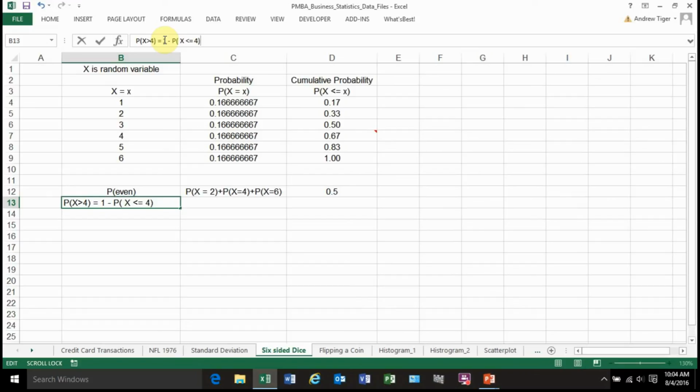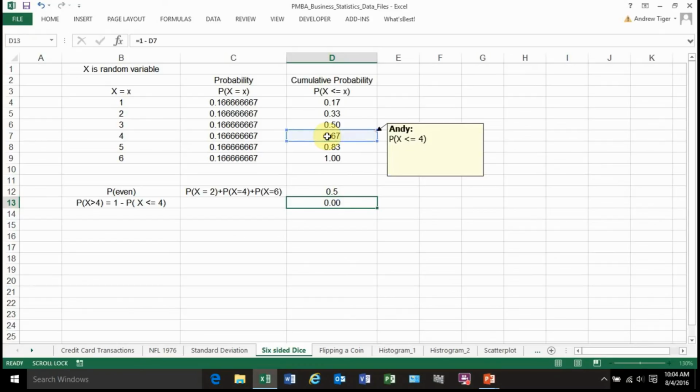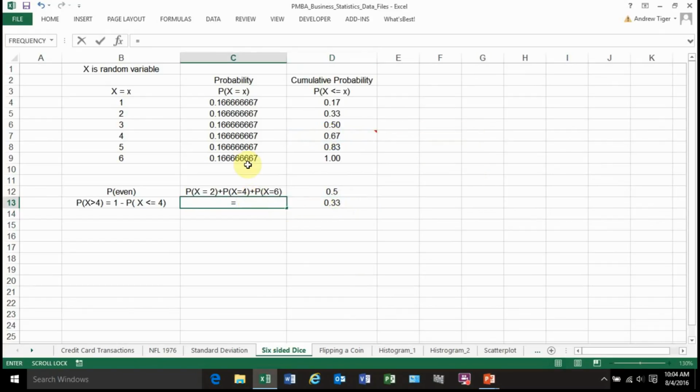So I rewrote this where, since I already have a cumulative probability calculated, I can take advantage of that to solve this. So that would be equal to 1 minus the cumulative probability of x at the previous value, which is this number. And again, I get the same thing as if we would have just done this plus this.